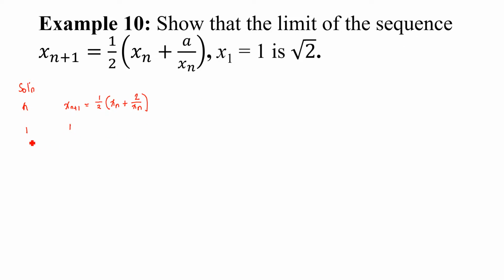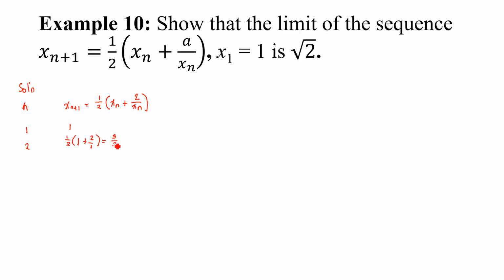For the second term, we have 1 half times 1 plus 2 over 1, which is equal to 3 halves.